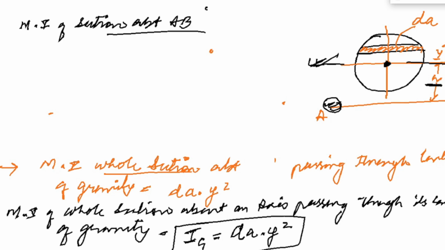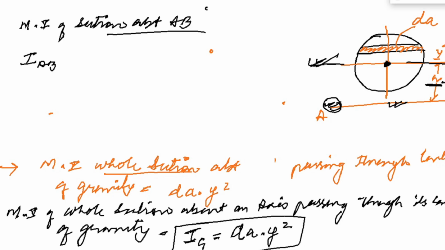And I want to know what is my moment of inertia at the parallel line which is at a distance of h from the axis passing through the center of gravity, and I have to calculate now moment of inertia about that axis. That will be actually equal to IAB, at which I have to calculate.